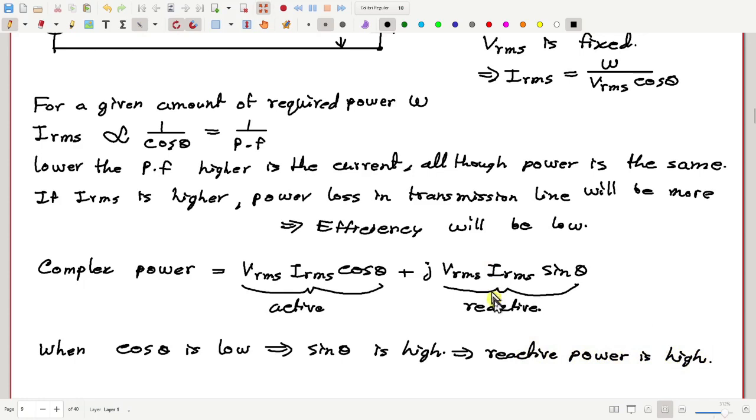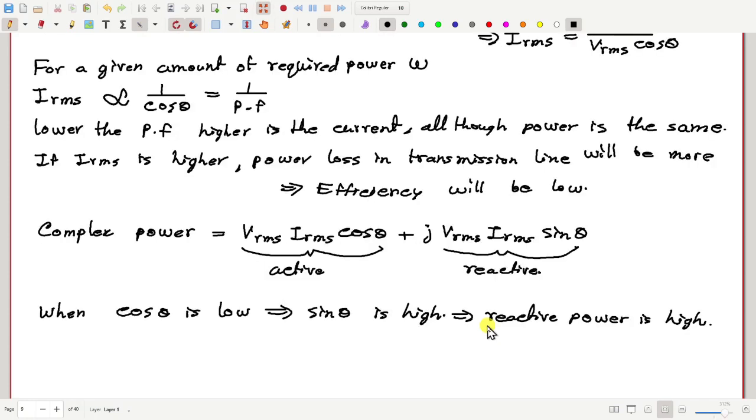However, reactive power is not the power which we consume on an average sense. Reactive power is the power that comes and goes, comes and goes. But that is not consumed on an average sense.